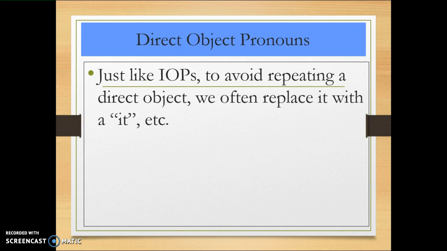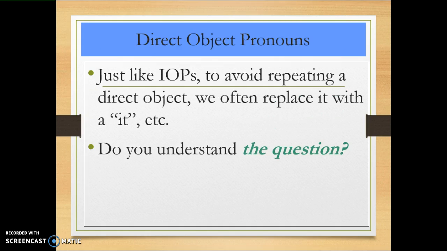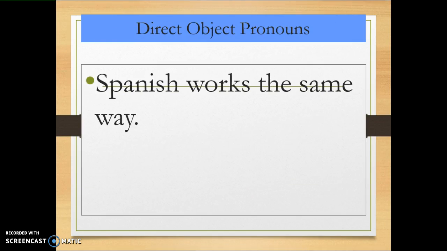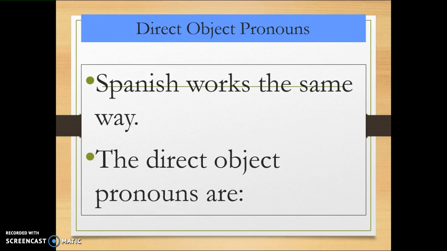But just like IOPs, to avoid repeating a direct object over and over again, we often replace it with an it. So for example, do you understand the question? Yes, I understand it. So Spanish works the same way. Just like in English, we replace the direct and indirect object pronouns with something else.